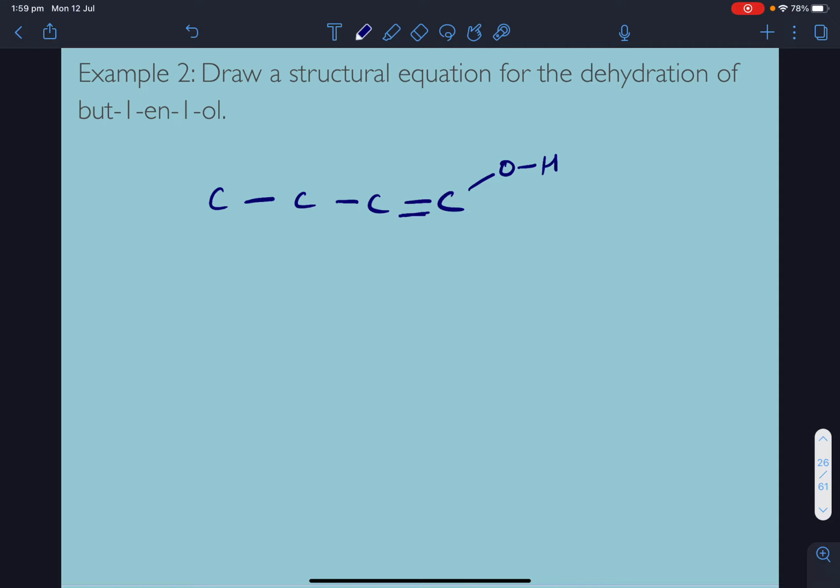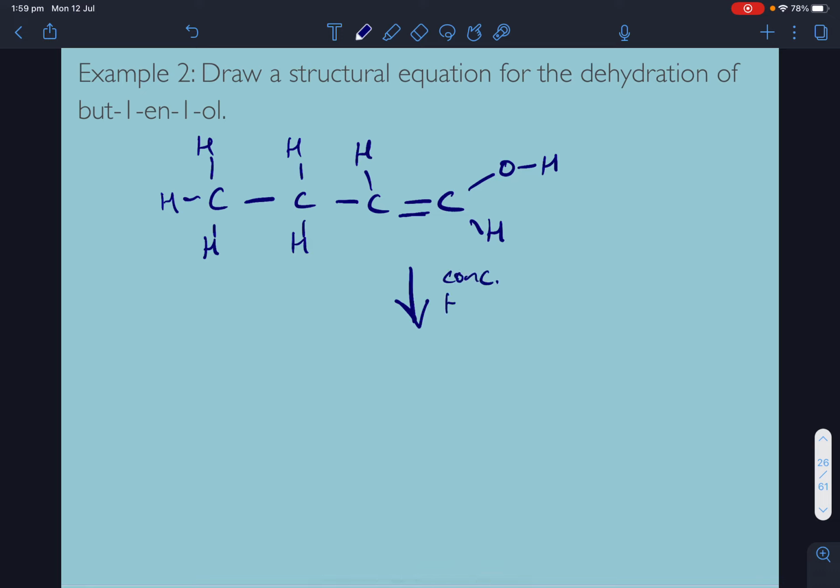Okay, let's put our hydrogens in to make our but-1-ol. And it's a dehydration reaction. I'm going to draw the arrow going downwards. We need concentrated H2SO4, and we'll need some heat as well.